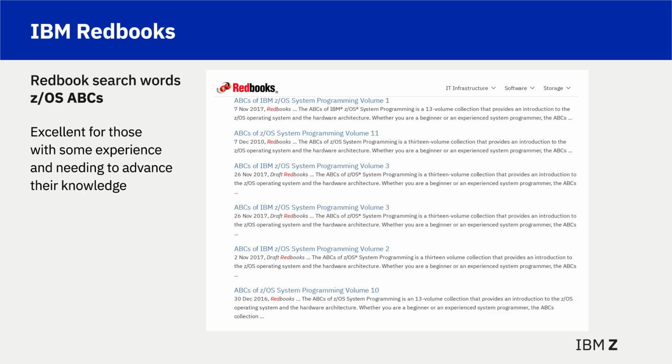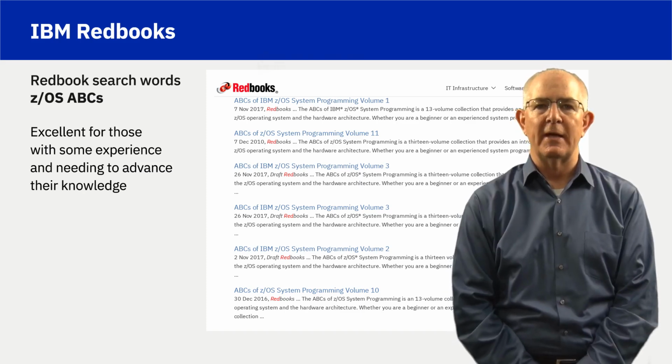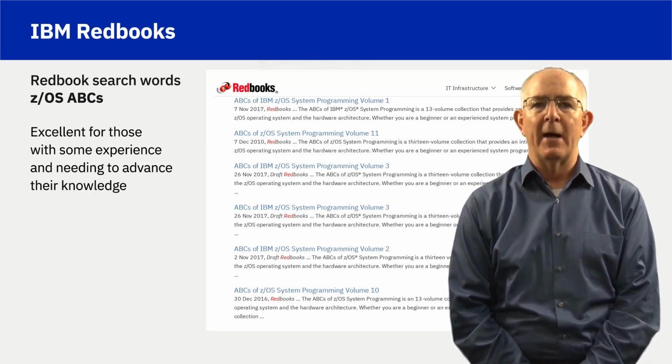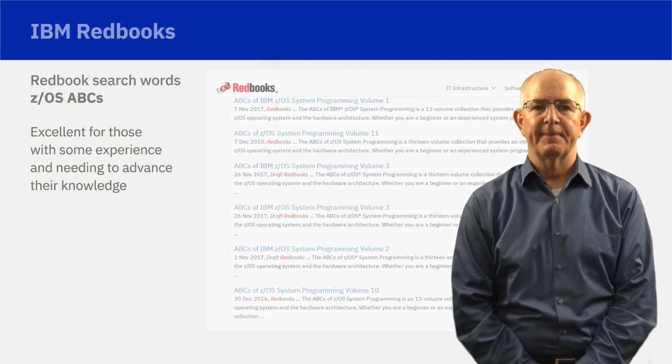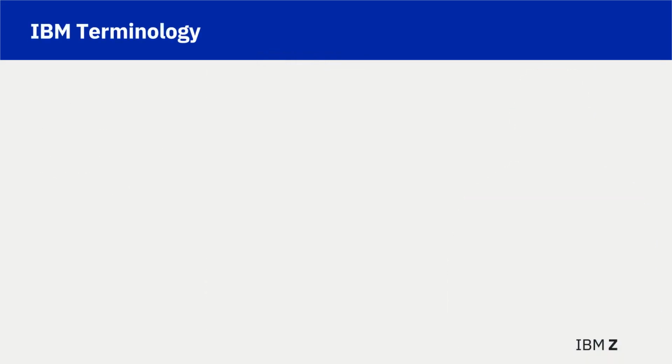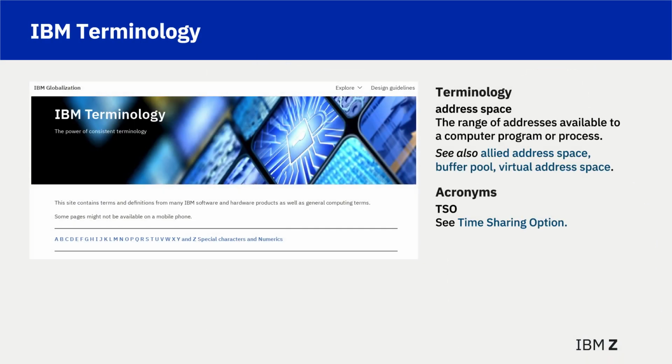You can subscribe to the IBM Z Redbook site to receive a periodic email about what new Redbooks are posted at the Redbook site. The IBM Terminology site is an excellent source for those very new to zOS. When communicating with experienced zOS technicians or attending a zOS educational session, many terminology phrases and acronyms are used.